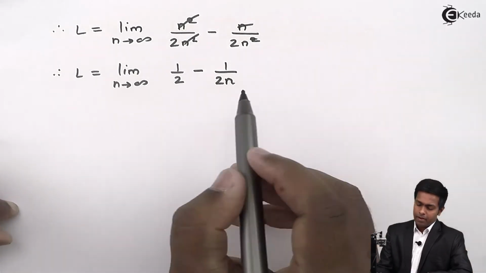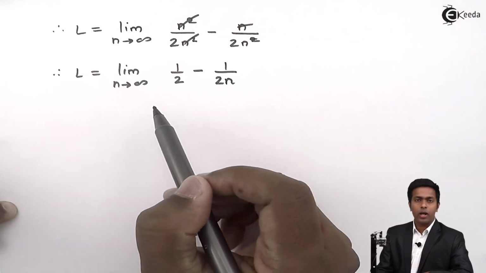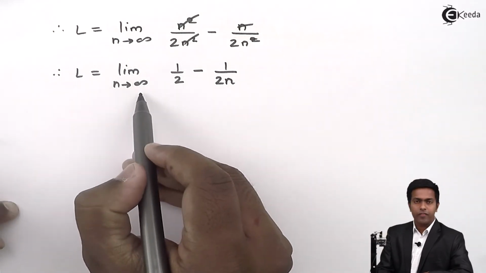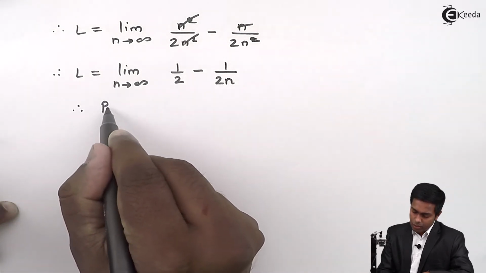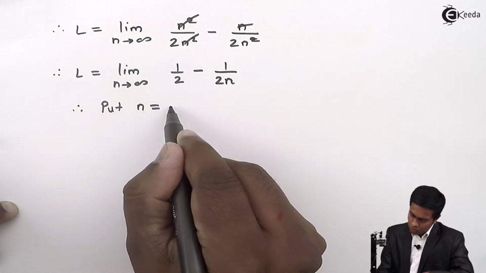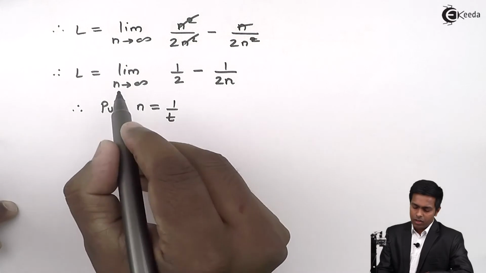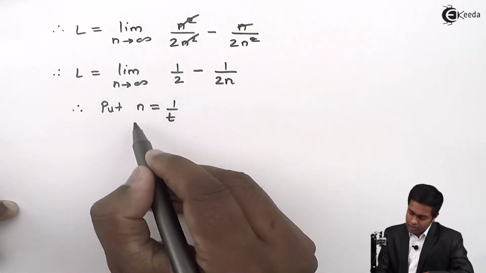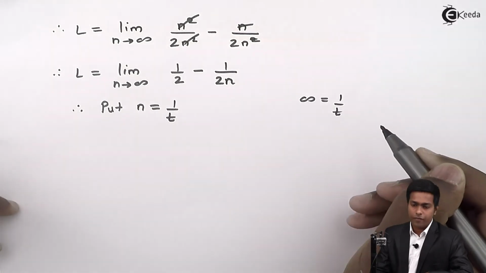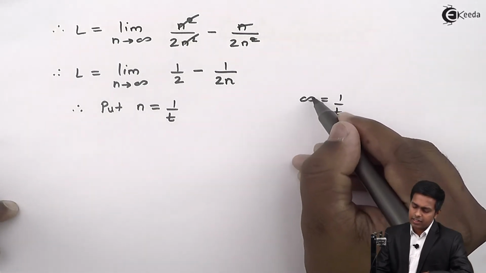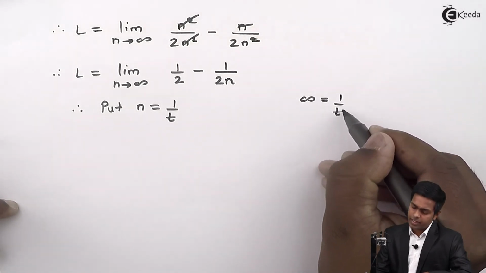Now as we have simplified the given term, we can substitute n as 1 upon t, because here we have an infinite limit, that is n tends to infinity. So I'll put n equals 1 by t. As n is infinity, infinity equals 1 by t, and we know that we get infinity if the denominator is 0, so t has to be 0.